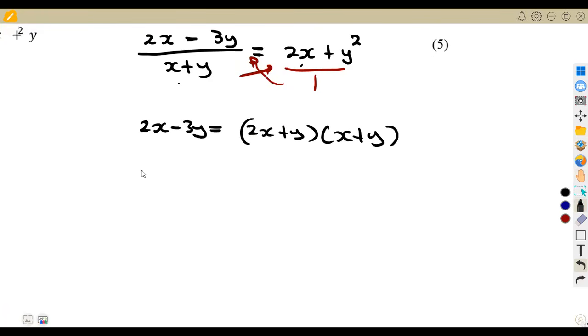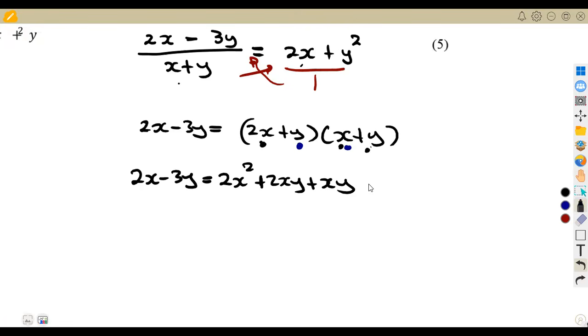On the right-hand side, expand your brackets: 2x times x is going to be 2x squared, 2x and y gives us plus 2xy. We move on to y this time: y times x gives us xy, then y times y is y squared.